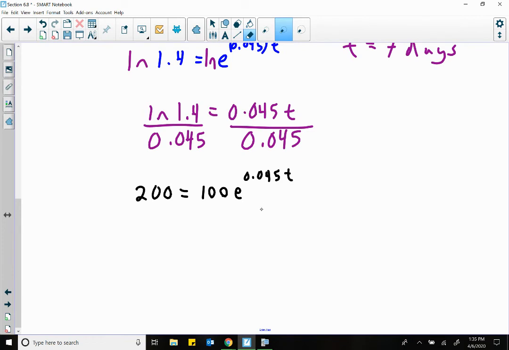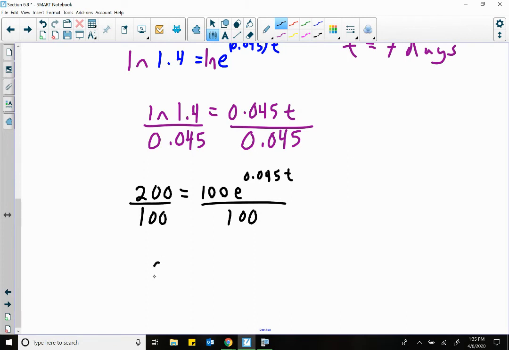Okay, so we'll divide by 100. So that will give you 2 equal to, we got rid of the 100, e^(0.045t). How do I get rid of the exponential? ln both sides.